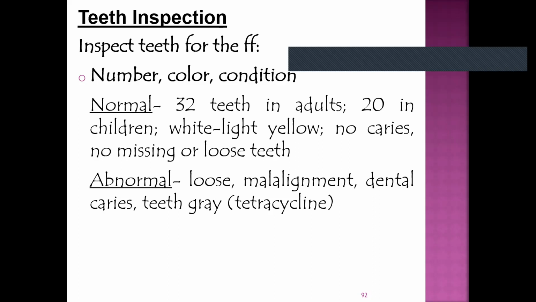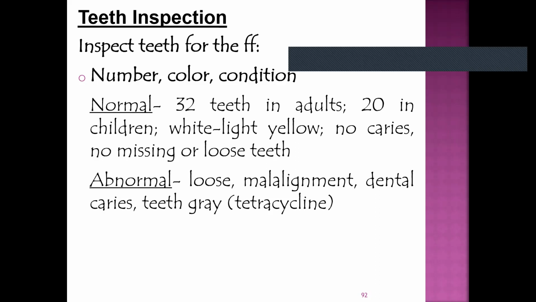There are also those who have gray teeth from tetracycline. These are the ones whose mothers took this medicine when they were pregnant with them. The children were the ones who got the gray teeth and some weaker teeth.